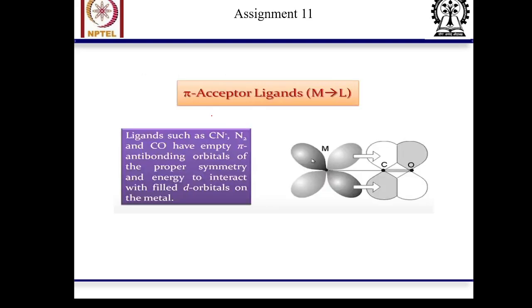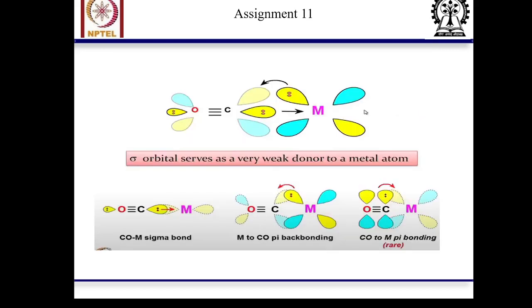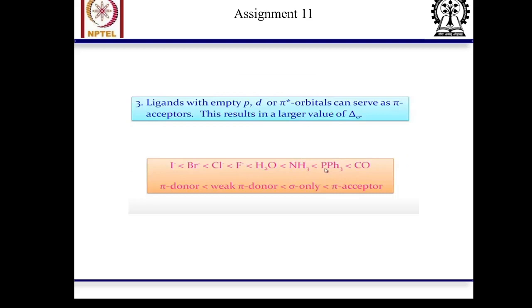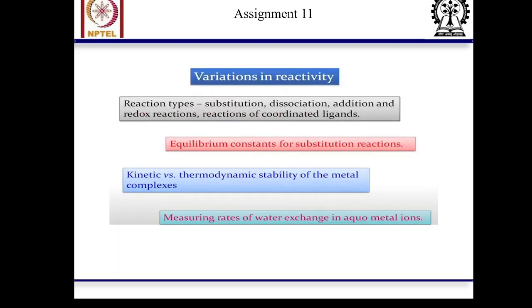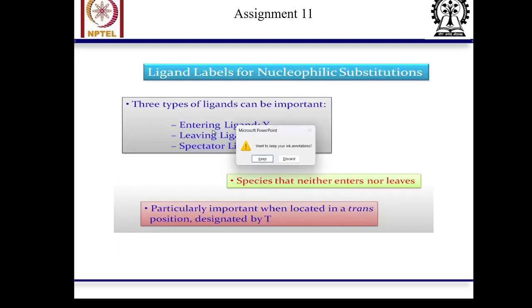Okay. If we go to the pi acceptor ligand, this is the molecular orbital diagram. You can see how sigma bond and pi bond will form. The summary professor has already discussed, and then reaction mechanism, what is inert and labile, those things I have already accumulated.